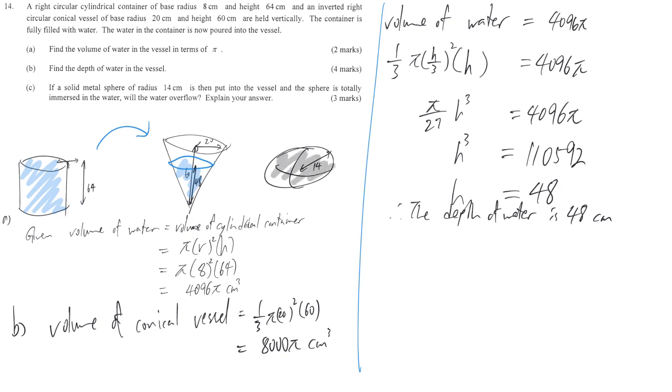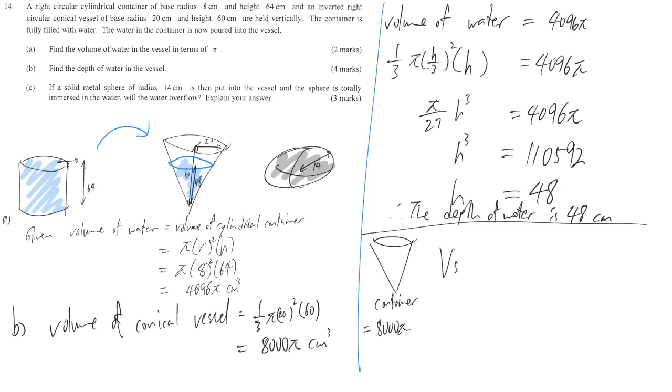So basically they are just asking you to compare two things. The first thing is the total volume of this container. The second thing is the water and the sphere. One side is the volume of the container, which is equal to 8,000 pi. We already found that out.